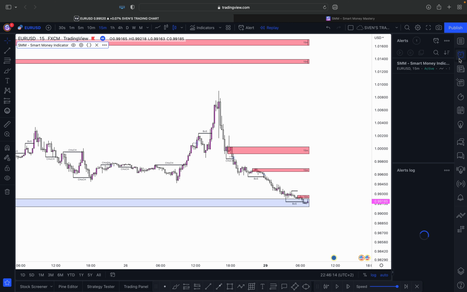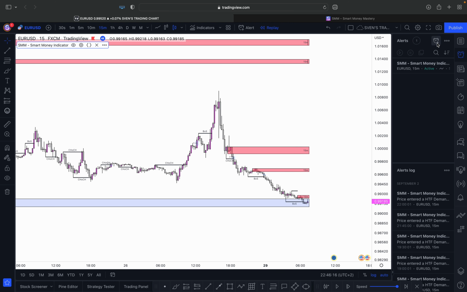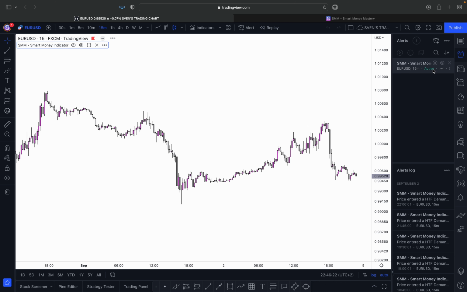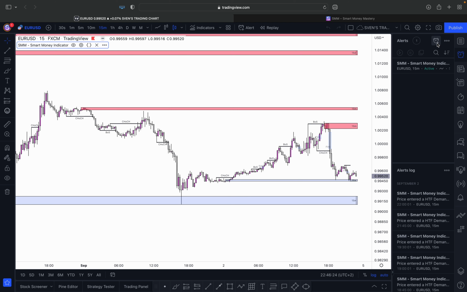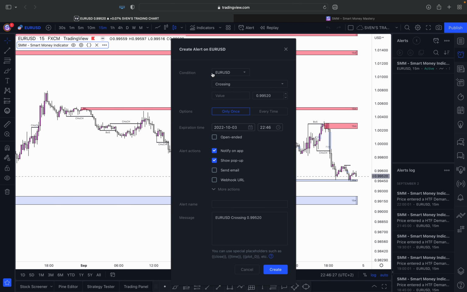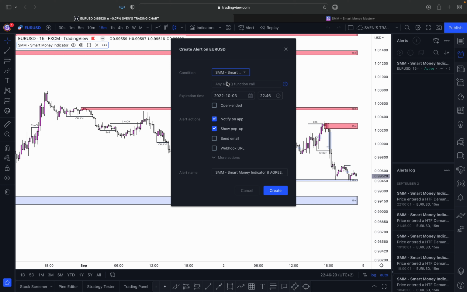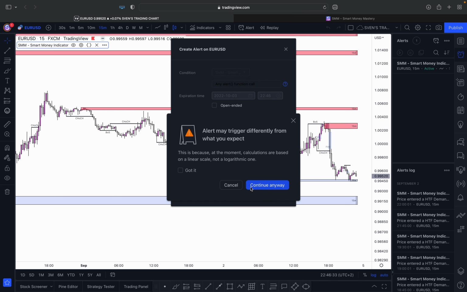After that, you go to the alert management over here. You click on the plus. I'm currently in replay mode. Let me get out of there quickly so I can give an example. Okay, you click on the plus. You make sure your condition will be the smart money indicator. And then you click on create. Just ignore this message, it will work.